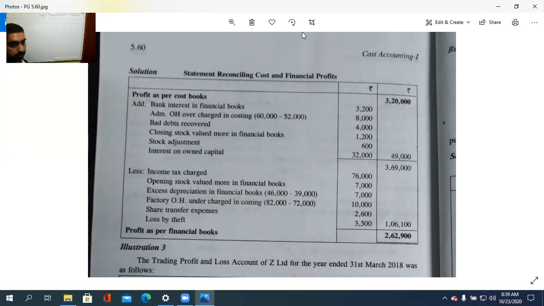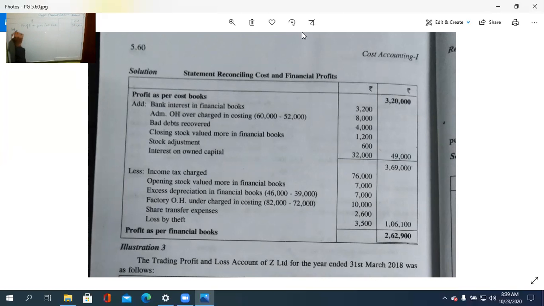So here two columns: the inner column for what all is added, and the total in the outer column. So both the amount columns are there, along with the particulars column. First, profit as per cost books, how much? 3,20,000. That is already given in the question.